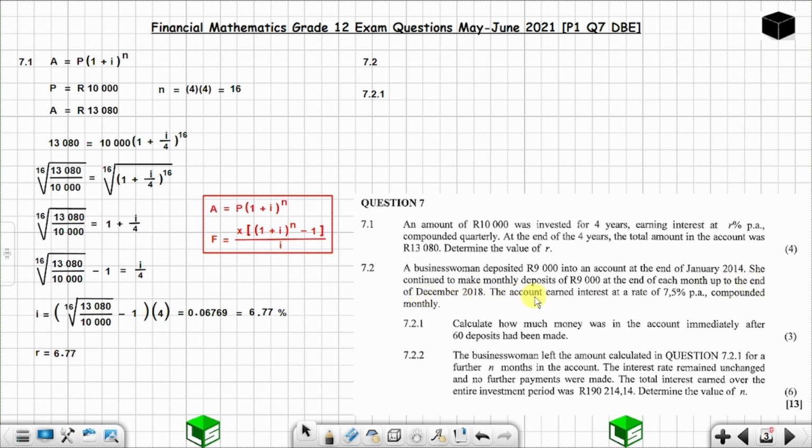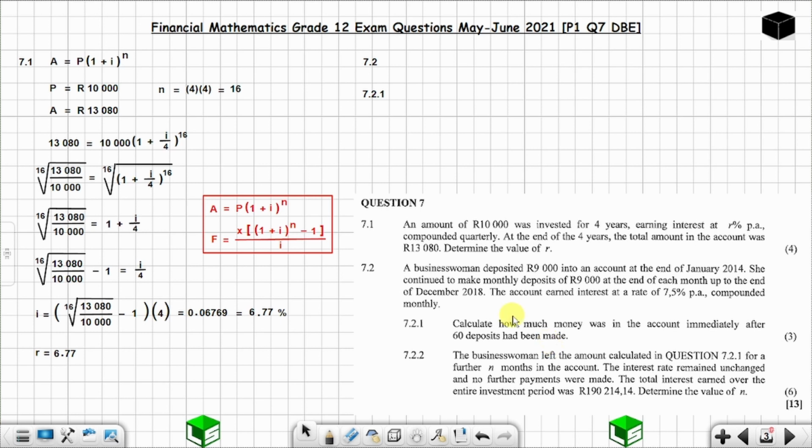The account earned interest at a rate of 7.5% per annum, compounded monthly. Now 7.2.1: calculate how much money was in the account immediately after 60 deposits had been made.